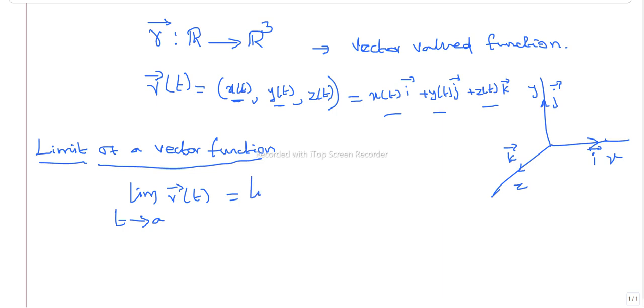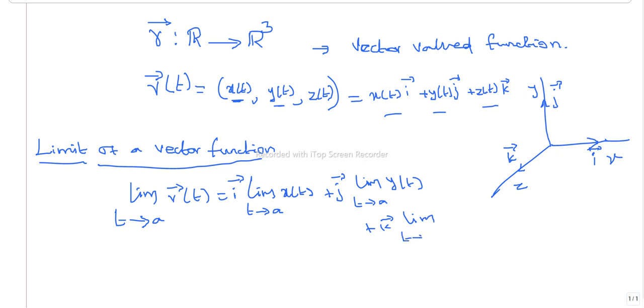You can take the i vector outside, because i vector is just a notation. So this is equal to i vector times the limit as t tends to a of x of t, plus j vector times the limit as t goes to a of y of t, plus k vector times the limit as t goes to a of z of t.